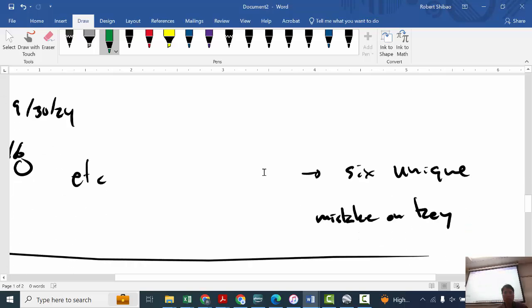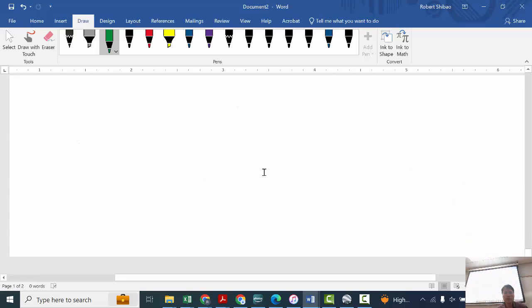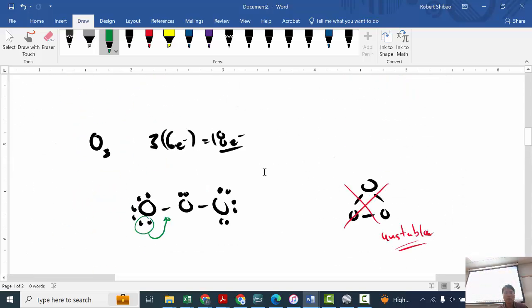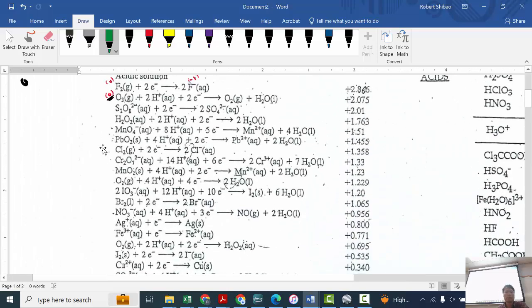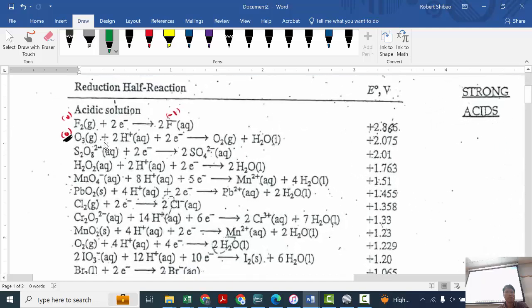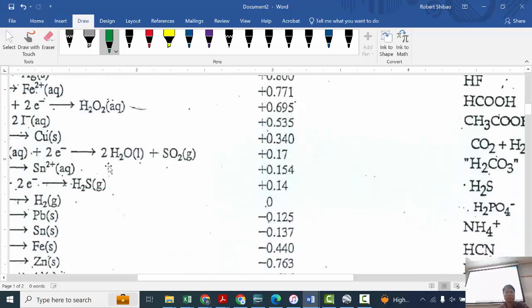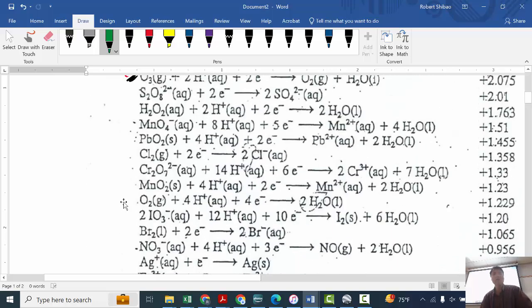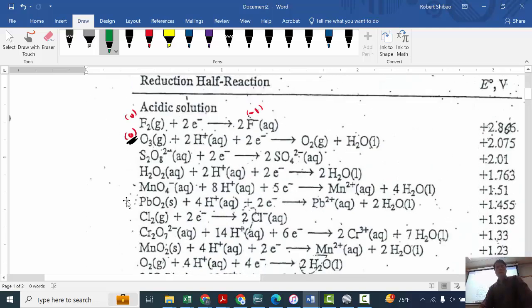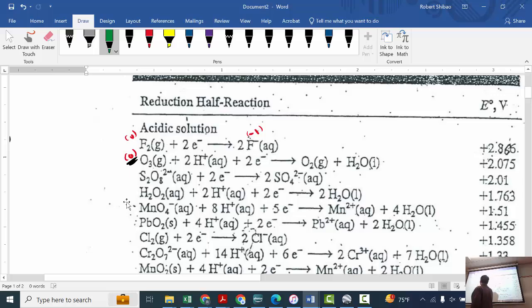So what oxygen in ozone wants to do is it wants to gain 2 electrons. And in this particular example, not all of them do. And so we start off with ozone, and actually only one of the oxygens gains 2 electrons.